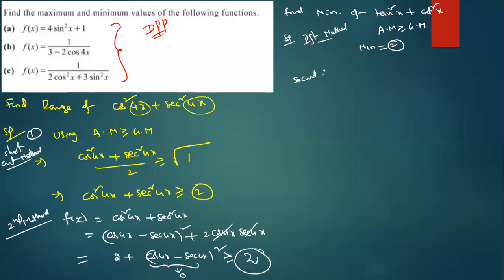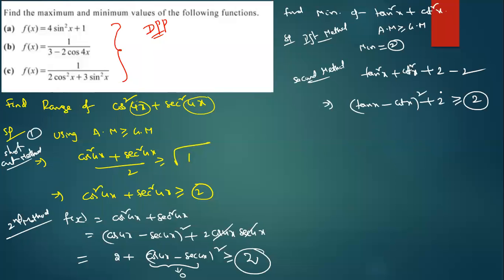See, tan square x plus cot square x. So what I'm doing? Plus 2 minus 2. So how to write? Tan x minus cot x whole square plus 2. So minimum is how much? 2, you should understand, comes from 2 into tan x into cot x. That is the minimum.